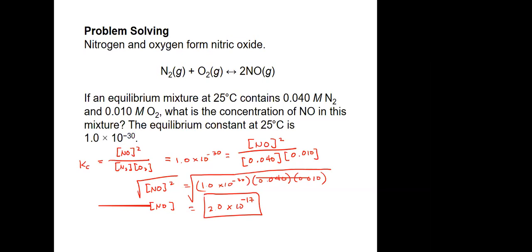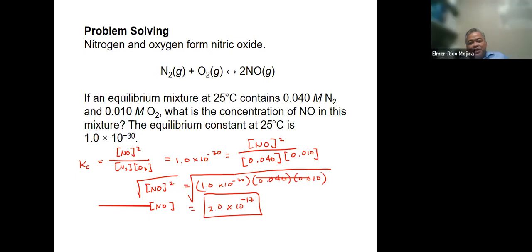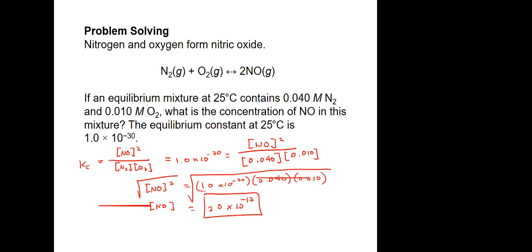Yes. Let me know who's not able to get it. Well, what I did wrong is I put the constant, the 1.0 times 10 to the negative 30, on the numerator, and I put 0.040 and 0.010 at the bottom.